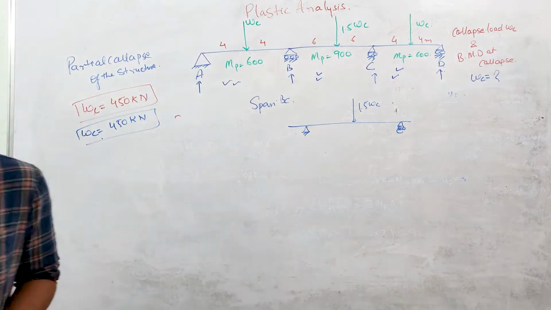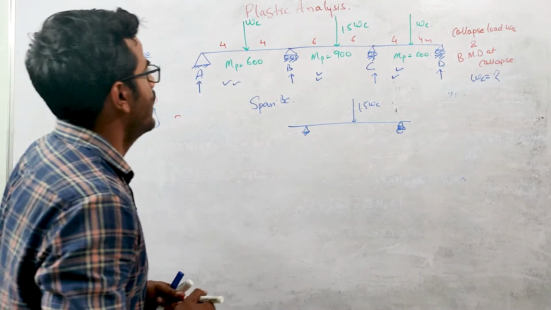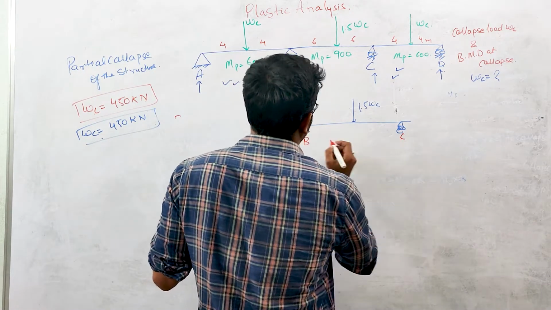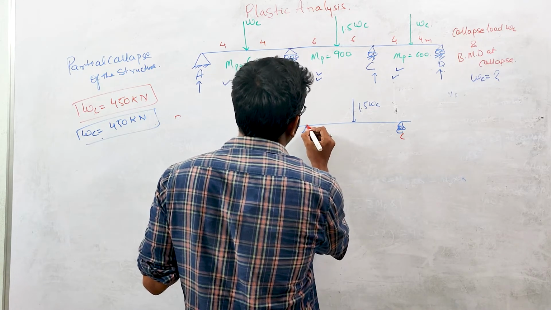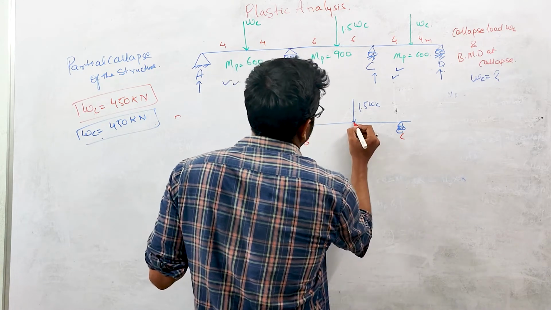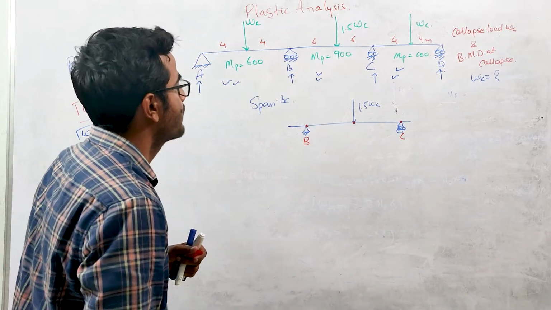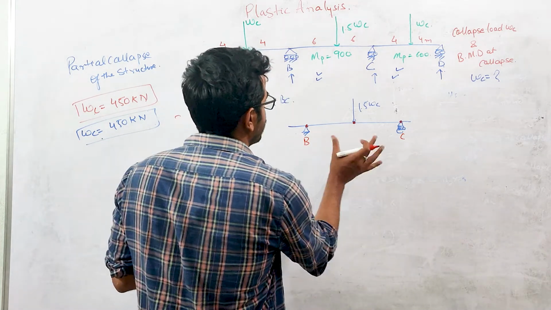Okay. So now you can see that for the collapse of this BC span, the plastic hinges required will be at this point, and at this point. Three plastic hinges are required for the collapse of this BC span.